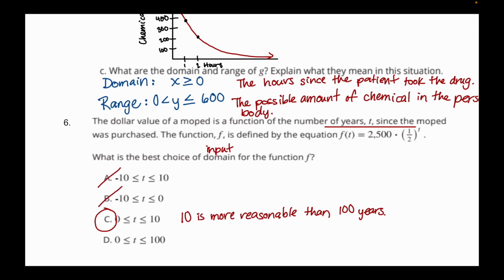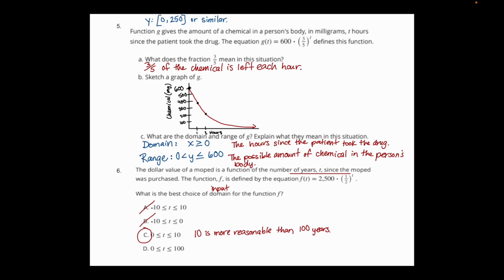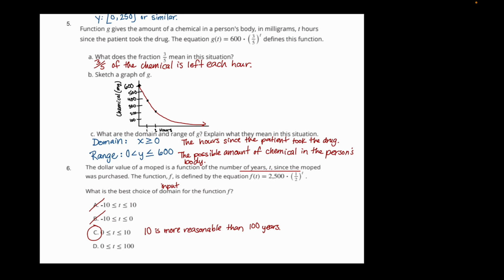So it is highly unlikely that we're talking about this moped 100 years after it was purchased. And if it's in very good condition, I highly doubt that this would actually stay. It would probably go up in value after it became super, super old and antique. So yeah, we're going to go with 0 to 10. So that's it for 6.